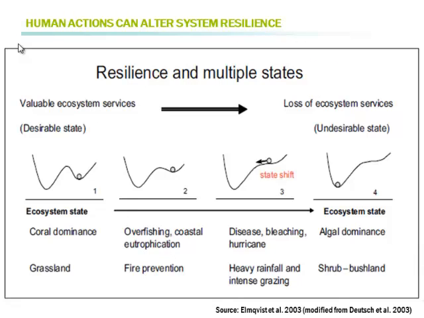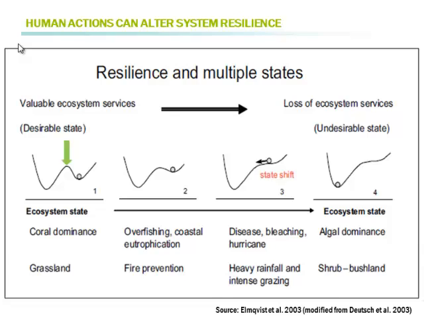So next, I think one of the key concepts here is how do human actions alter those thresholds, and maybe different types of human actions can lead us to change the bar or how high that threshold is set, and that then may facilitate or promote transition into an undesirable state.